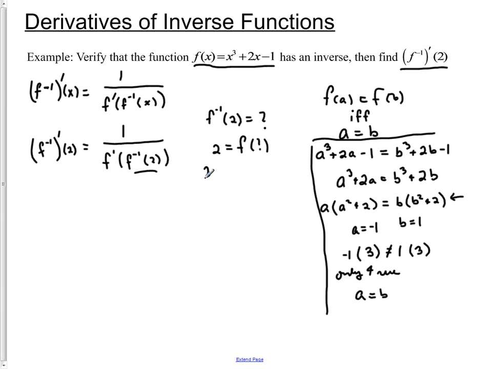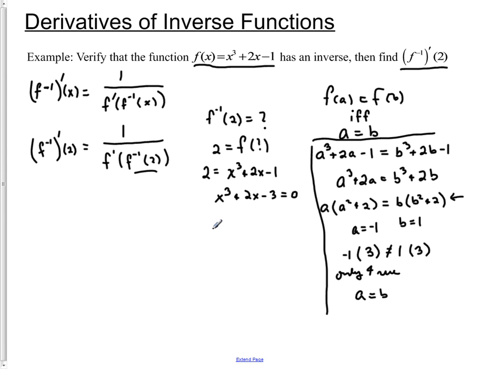Well, that means that we would have to find out what value of x from our original function, x cubed plus 2x minus 1, would equal 2. This is equivalent to saying finding where x cubed plus 2x minus 3 is equal to 0. Well, how do we know that one? This is not an easily factorable function.